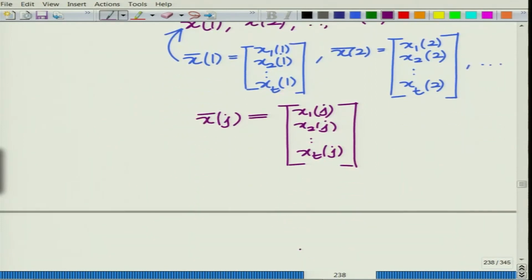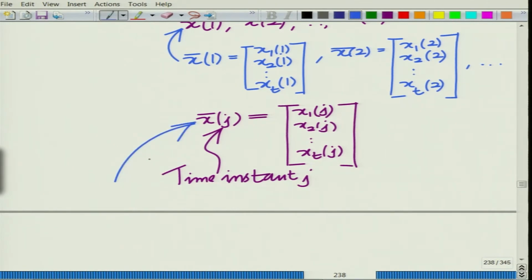This is a t dimensional vector, where this is the time instant j, this is the pilot vector at time instant j, x bar j, and these are the pilot symbols.